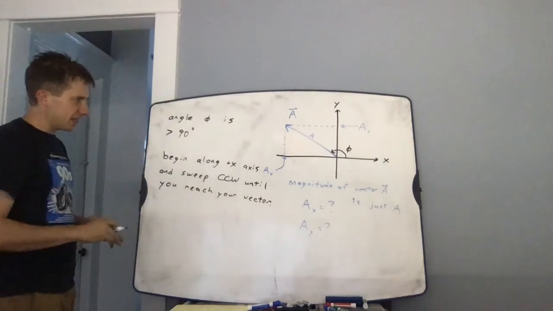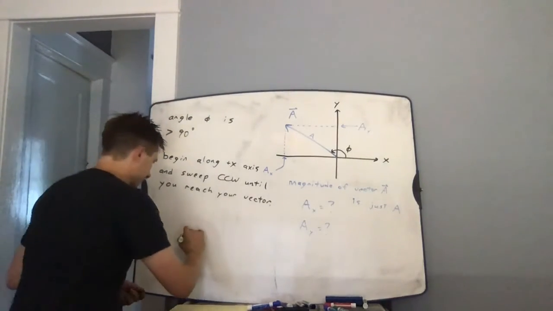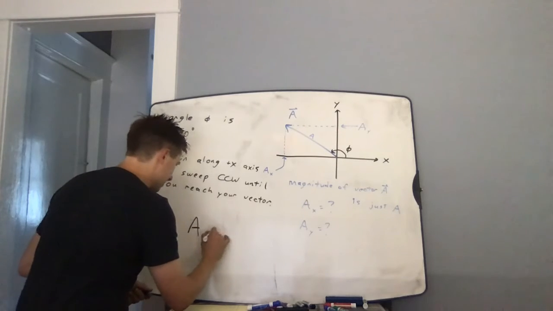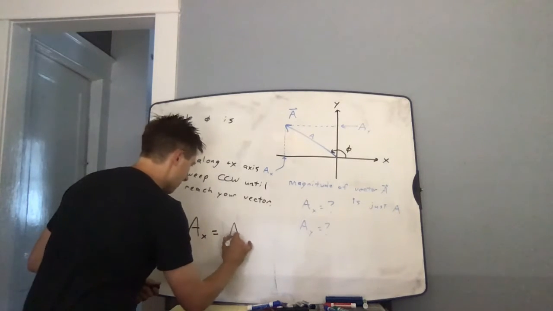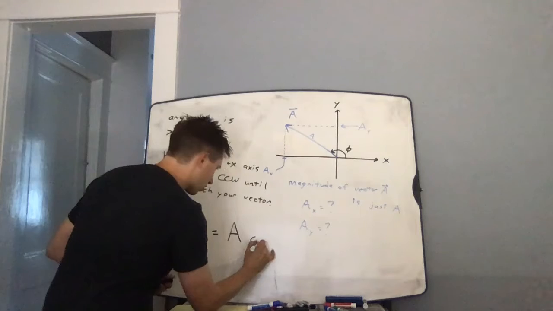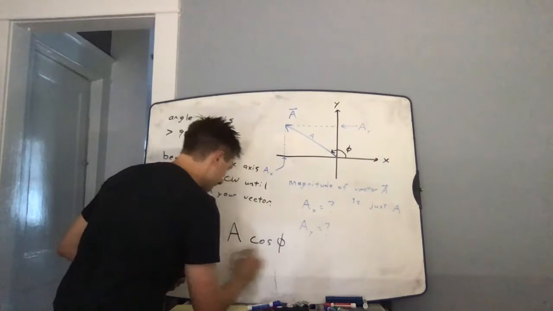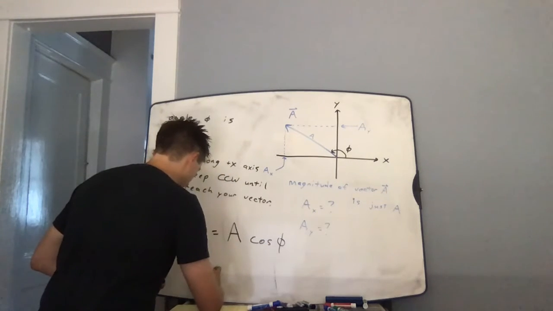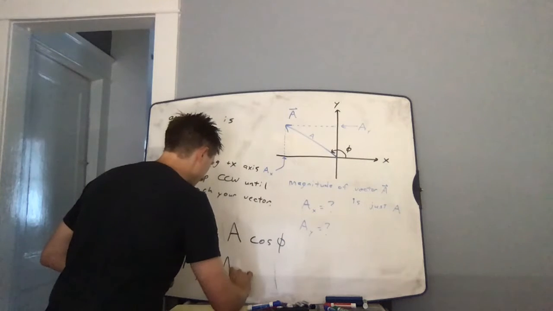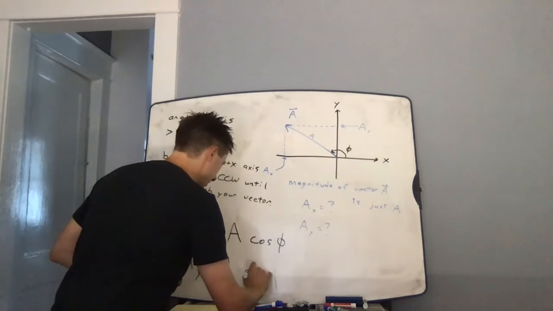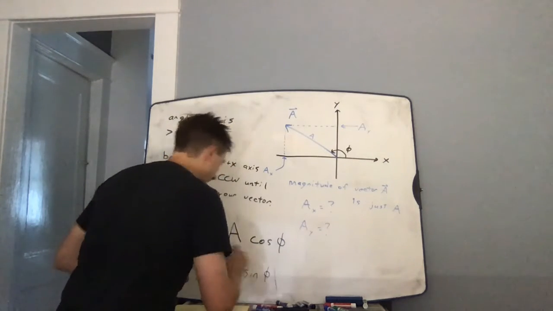So the component AX is equal to the magnitude of vector A cosine of phi, and the component AY is equal to the magnitude of vector A sine of phi.